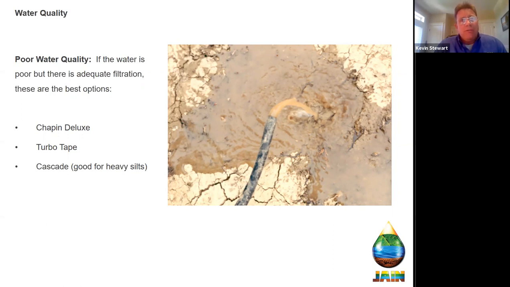It's got really good velocity, and it's probably your best line of defense against plugging if you've got a heavy silt load. So I just wanted to give the audience a few options. If you've got challenging water conditions, Chapin Deluxe, great option. Turbo tape, great option. And the same with Cascade. And if it's a heavy silt load, Cascade is probably the best option in that case.